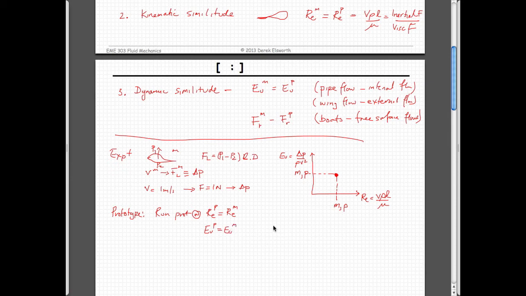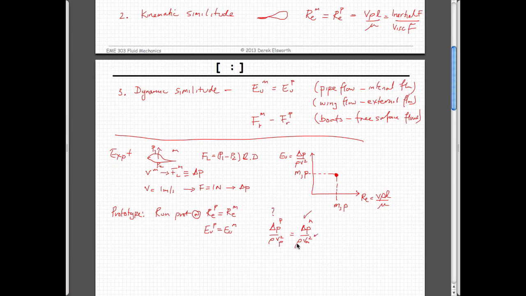If we write that out in longhand, the change in pressure that we measure in the prototype, which we don't know, divided by the density of the fluid in the prototype and the velocity in the prototype squared, has to equal the pressure that we've measured in the model, which we do know, over the density in the model, which we know, and the velocity squared in the model that we also know.